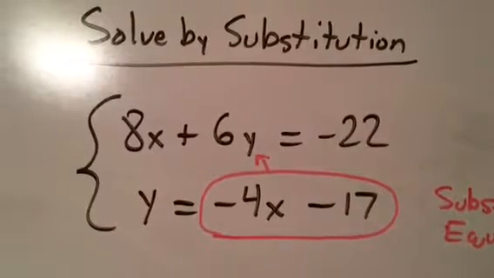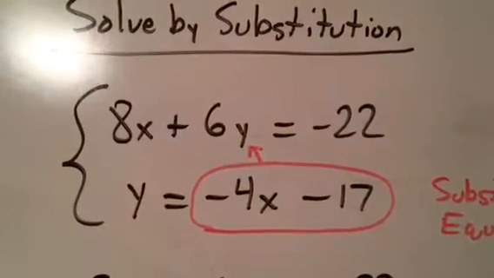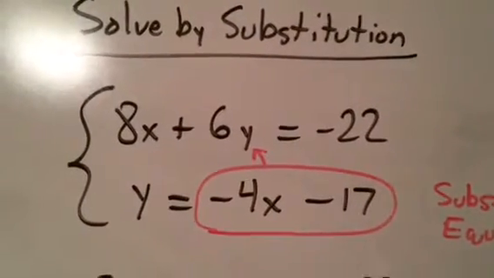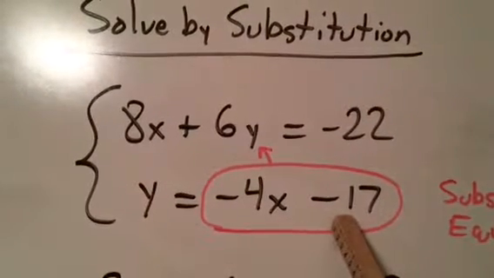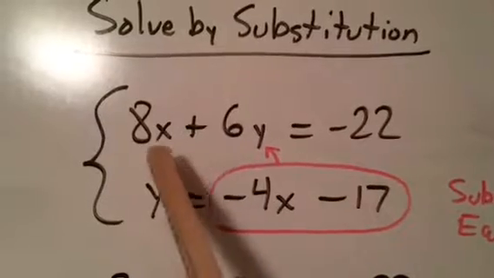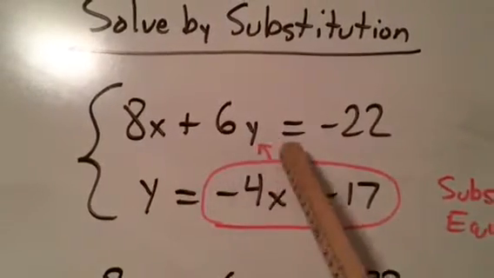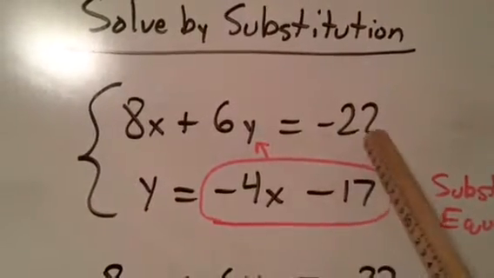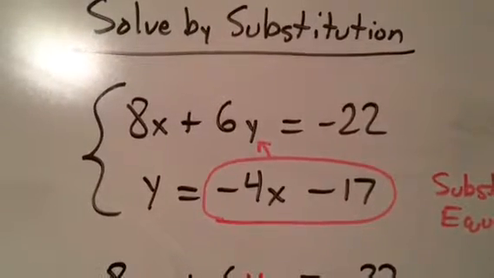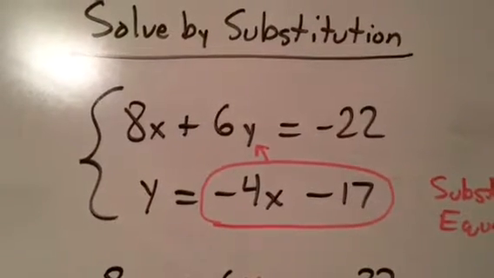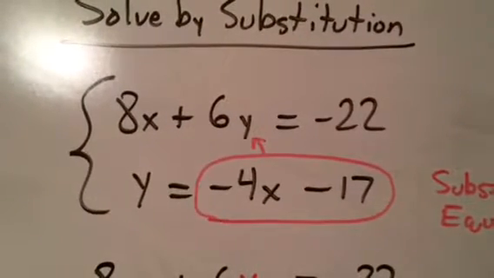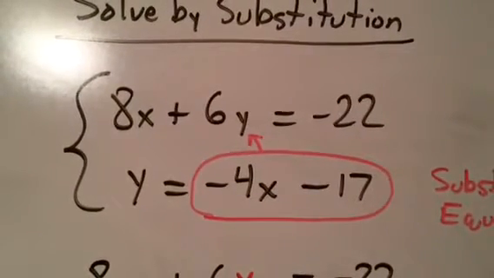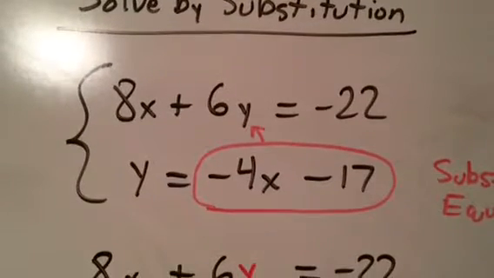Notice in this problem, one of the equations is solved for y. The second one, y equals negative 4x minus 17. But the top equation is not. It is 8x plus 6y is equal to negative 22. We could solve the top equation for y and set the two equations equal to each other like we did in the previous example.